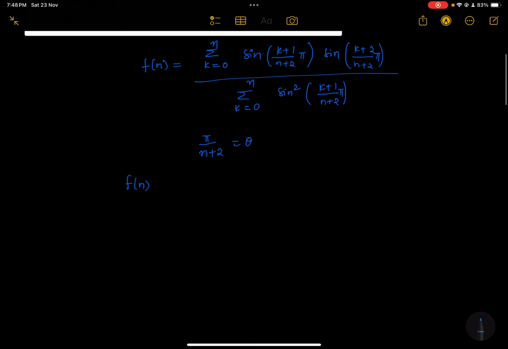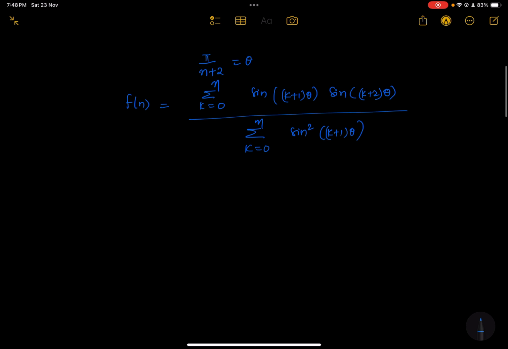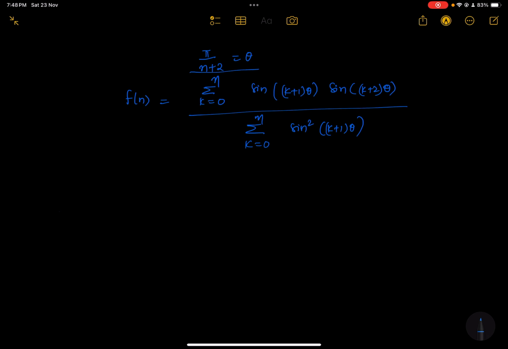So f of n is equal to sigma k runs from 0 to n of sine (k plus 1) theta sine (k plus 2) theta, divided by sigma k runs from 1 to n of sine square (k plus 1) theta. This way it looks a little less scary. So let us go ahead.